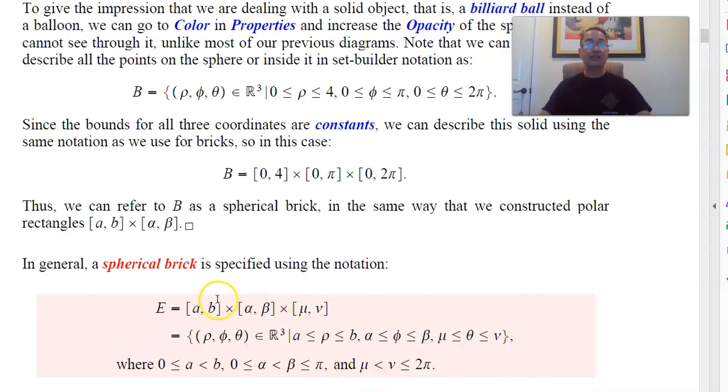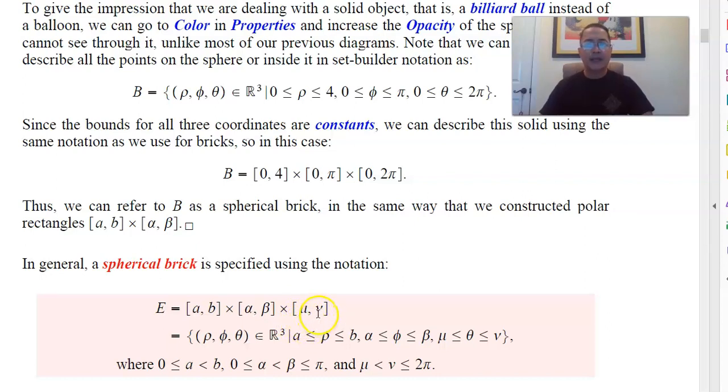All right, so this is the general notation for a spherical brick. Rho will go from A to B, phi from alpha to beta, and theta from mu to nu. We're kind of running out of Greek names. I think we've seen the letter mu before, not really sure.